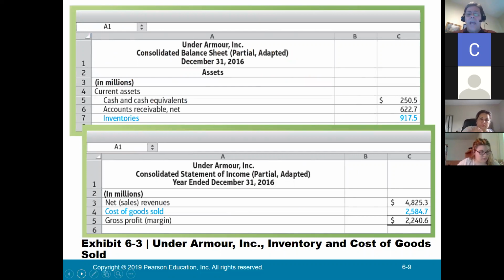So this is more like what you would actually see on financial statements. Inventories, $917 million, $17.5 million. You think about all of the Under Armour at all of their different stores, in their factories, in their warehouses, all that stuff quickly adds up to millions and millions of dollars of clothing and other items. When it is sold, during the course of the year, they sell $2.5 billion.